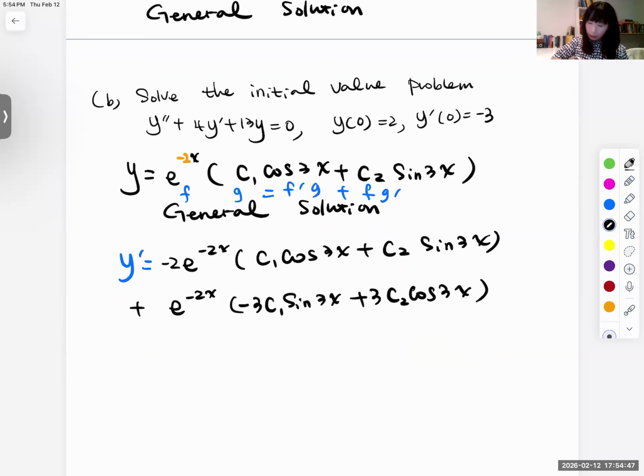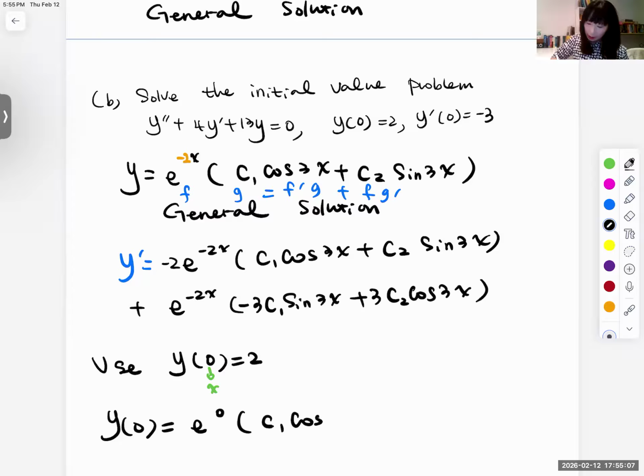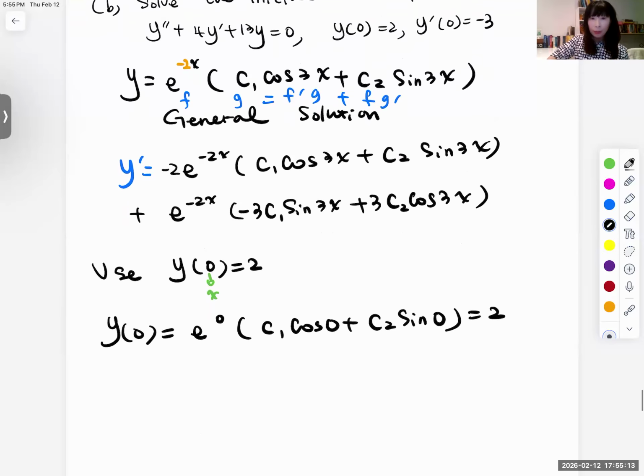Okay, now we are using the initial value, so y of 0 equal to 2 at x equal to 0, right? So y of 0 equals e to the 0, c sub 1 cosine 0 plus c sub 2 sine 0 equal to 2, right?